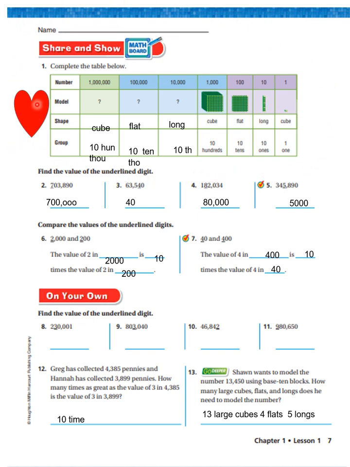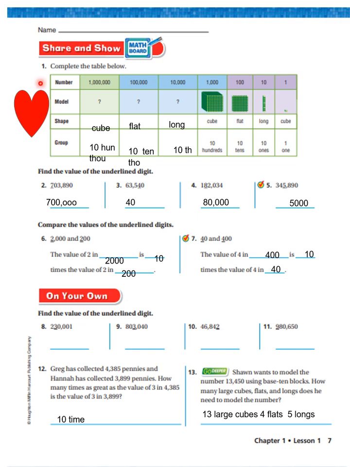And I have a red heart next to it because it's very important. I need for you to star this, heart this, whatever you need to do. Let's fill in this chart together because you could use this for your midterm assessment for chapter 1 or your end of lesson and end of chapter 1 exam.